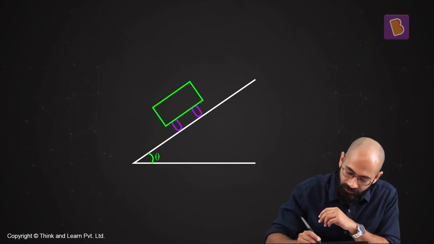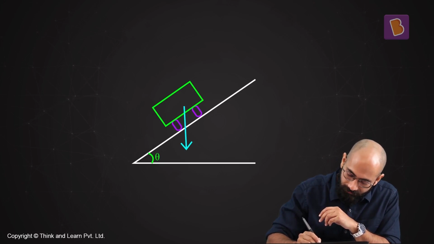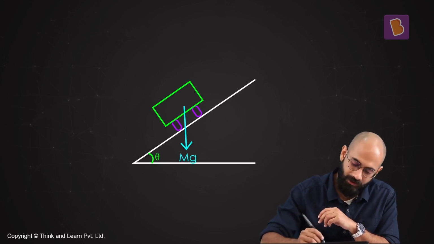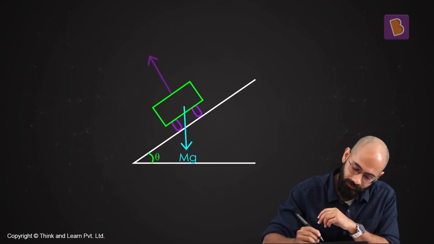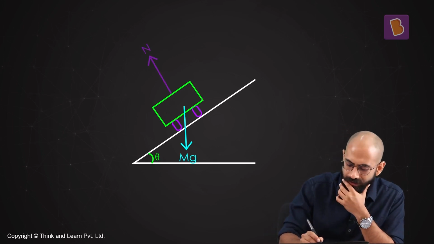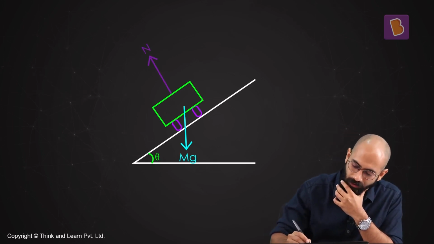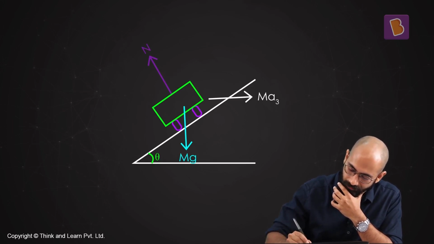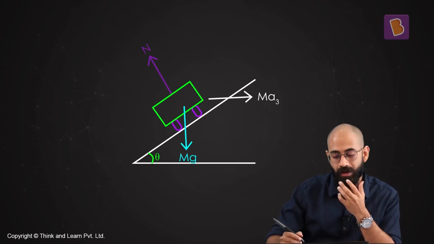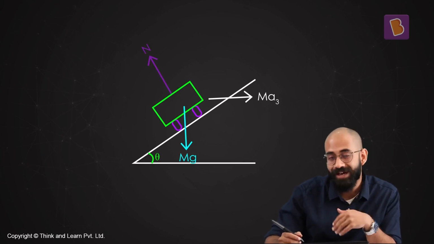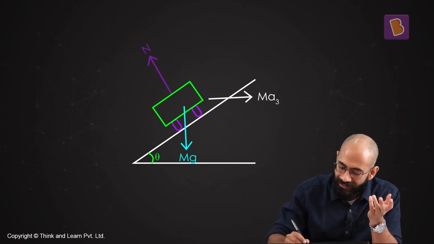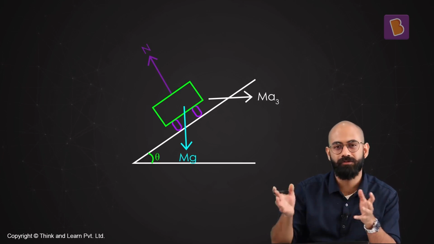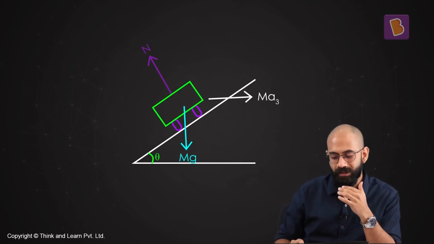So if I draw the forces, there will be mg downward, of course. There will be normal force in this direction. There is pseudo force in this direction, that's fine, right? But because the speed is greater, the acceleration will be greater. Let's call it A3 so that we don't get confused. So pseudo force will be in this direction.